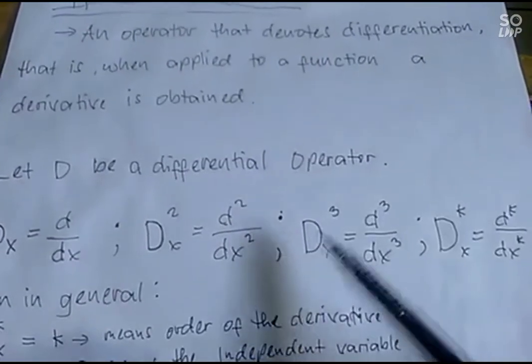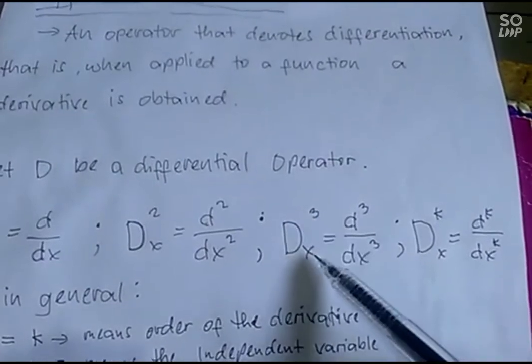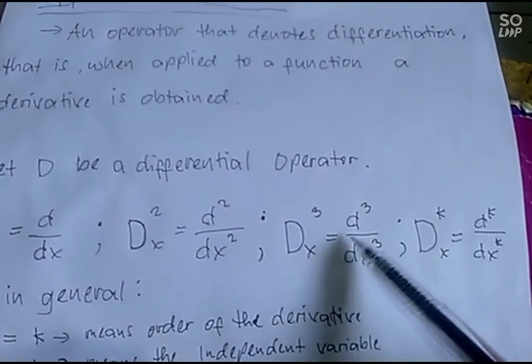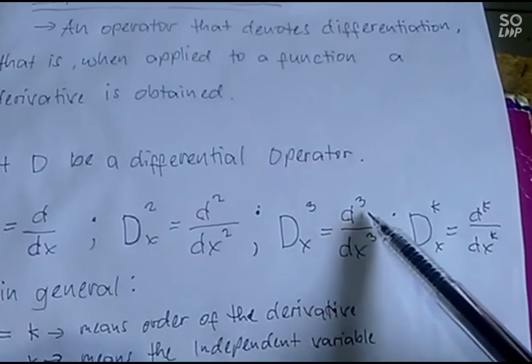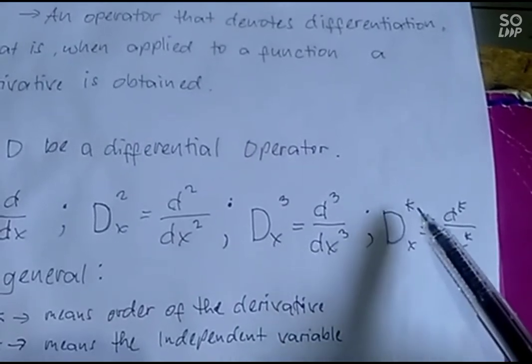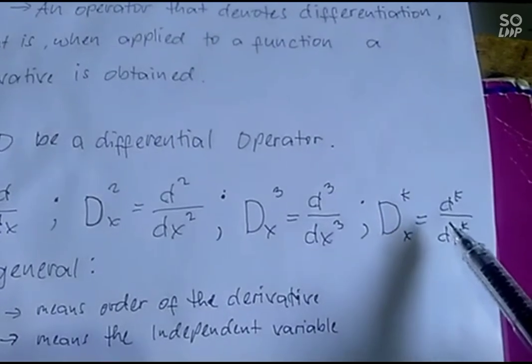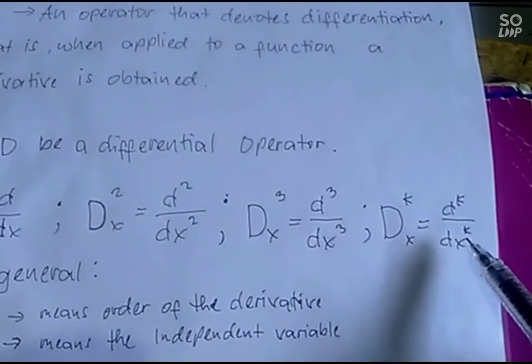Then the third one, D with superscript 3 and subscript x, means the third derivative with respect to x. Then last, D with superscript k and subscript x means the kth derivative with respect to x.